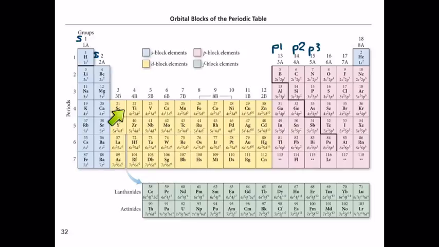So the yellow here is the D block. The D block is 10 columns because the D sublevel can hold 10 electrons. But this isn't 4D. This is 3D. Remember, because things got a little out of order. I envision this part of the periodic table as having sunk down a level.